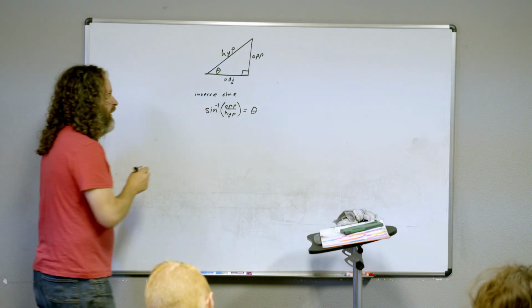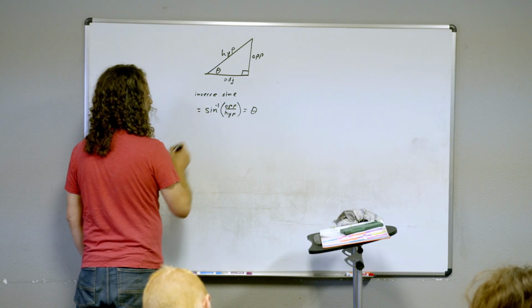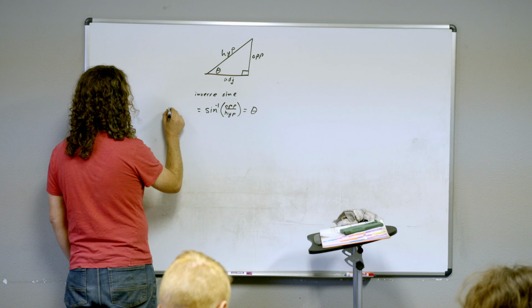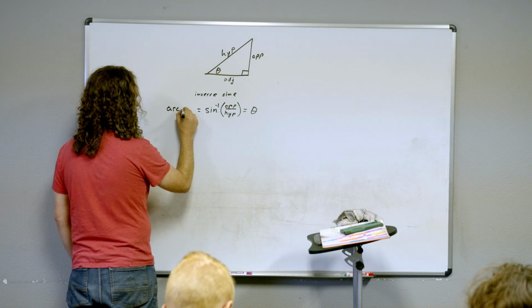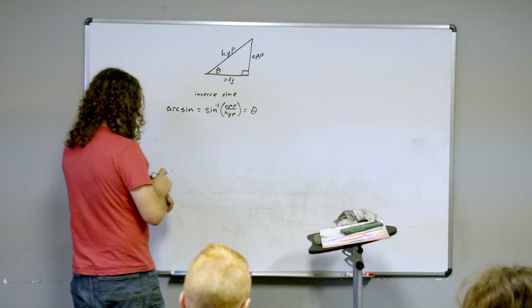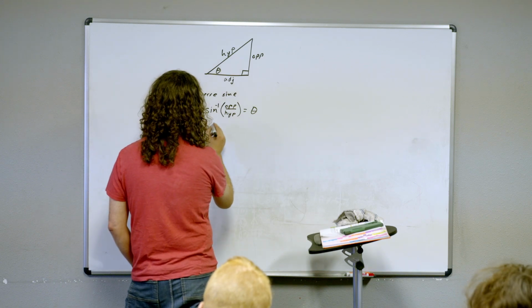Now, there's another way to write this that you'll see on some calculators, some textbooks. The inverse sine is also called the arc sine. Now, the same applies for cosine, tangent, and all the other ones as well.